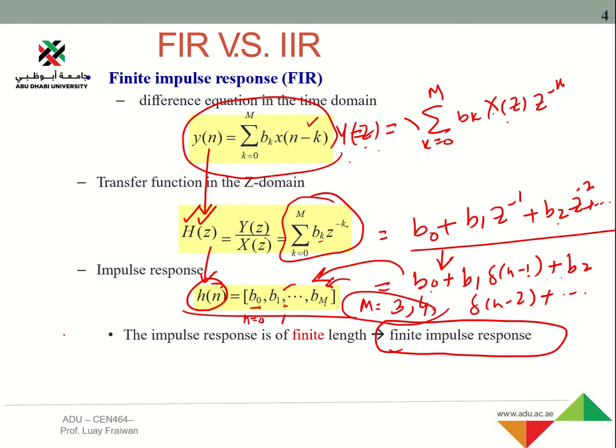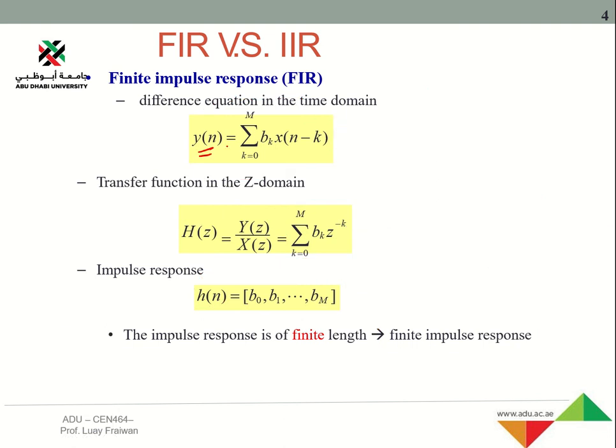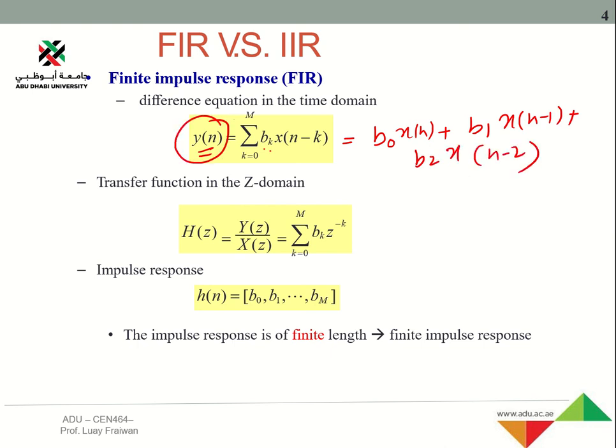So what is the meaning of this? If you want to implement your output, it can be calculated, for example, as b0 x(n) plus b1 x(n minus 1) plus b2 x(n minus 2). So we can implement our output by taking the recursive computation of the shifted input signals.